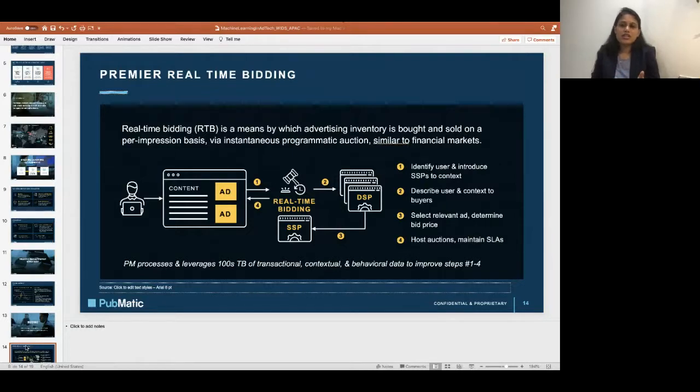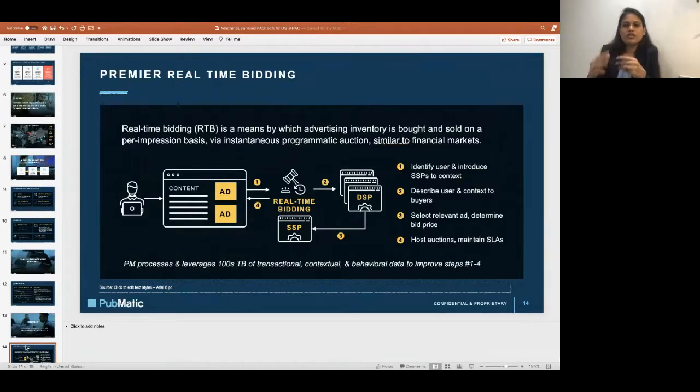Initially, whenever any user visits any website, the user gets identified and is introduced to the SSP with its context. The context could be that it visited its main page, or it's doing some email, something like that. Once we receive this information, we describe this user and its context to buyers, mainly DSPs.